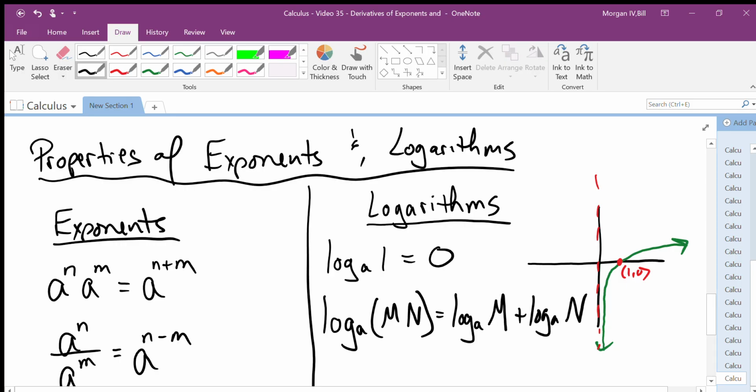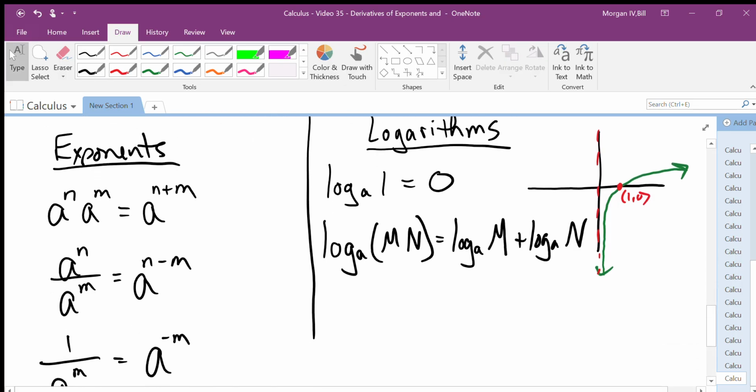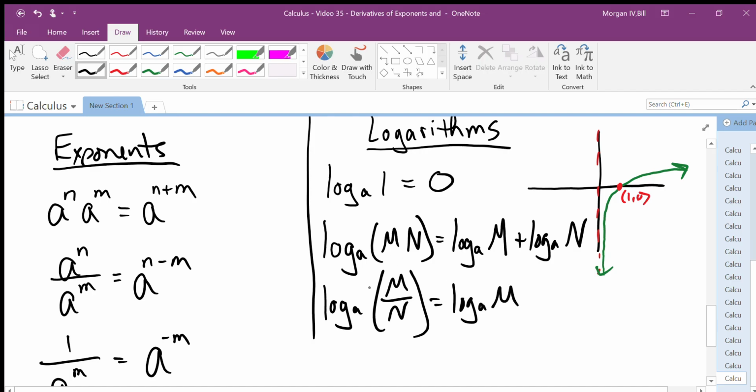If 2 functions are multiplied inside of a logarithm, you can separate those as 2 different logarithms, both base a, where the 2 logarithms are being added to each other. Similarly, if you have a logarithm of m divided by n, you can make that the log base a of m, the numerator being positive, minus the log base a of n, the denominator having the negative logarithm.